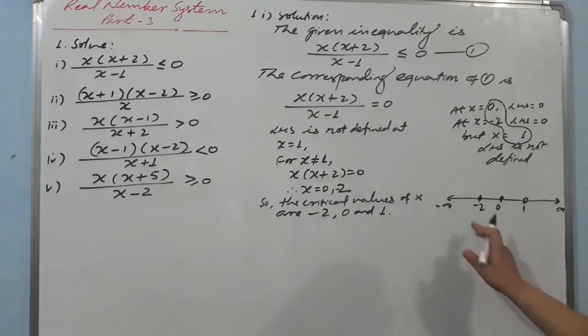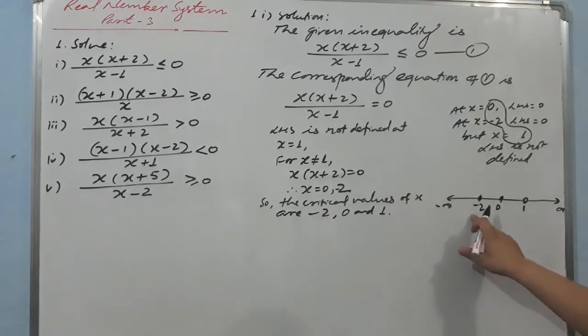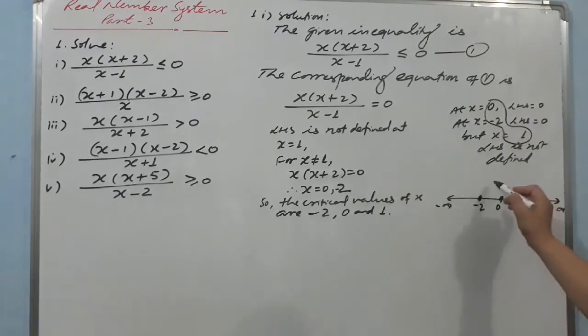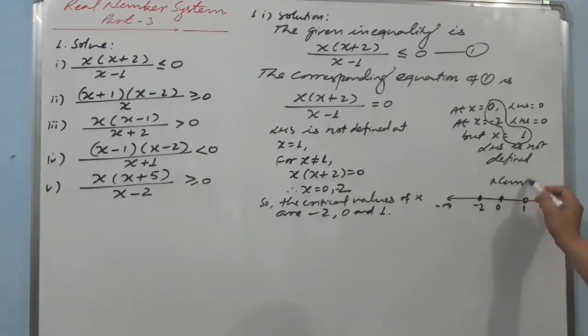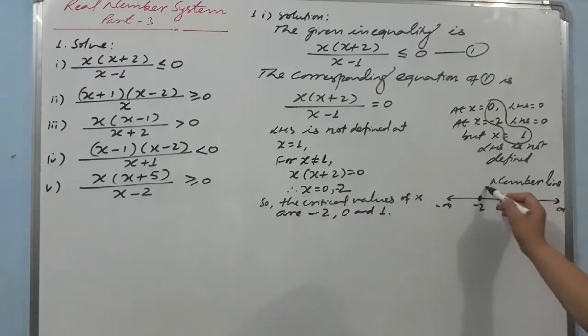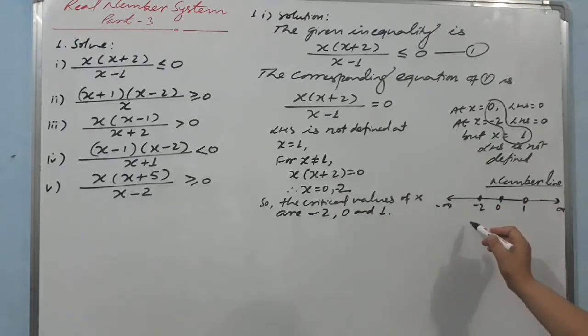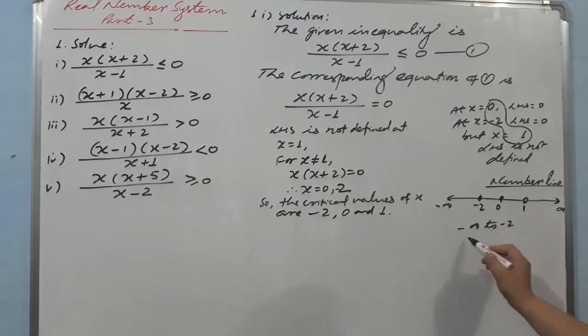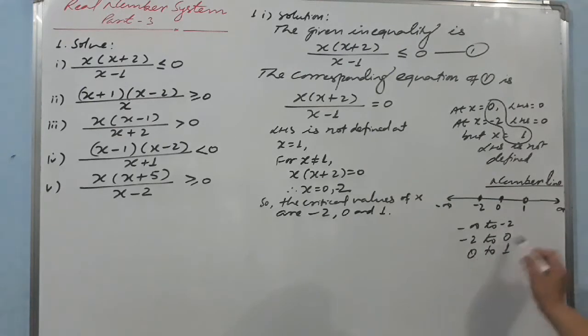So how many intervals do we have? From this number line you can get the idea: minus infinity to minus 2, number 1; minus 2 to 0, another one; 0 to 1; and finally 1 to infinity.